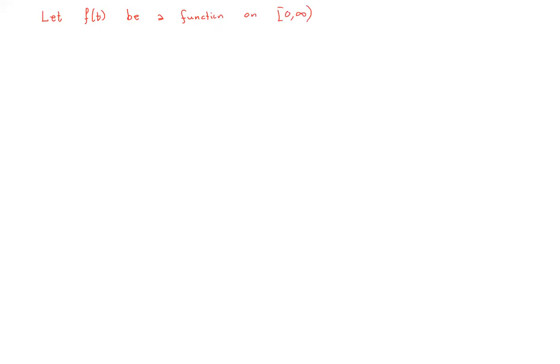And you will see, as I told you before, one has to impose some conditions on this function. So let f be such a function. And we define the Laplace transform of f, denoted by uppercase F of s, to be the integral from 0 to infinity of e to the negative st f of t dt. This is the Laplace transform.